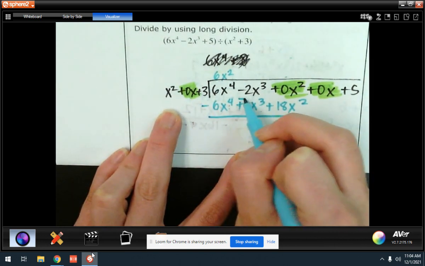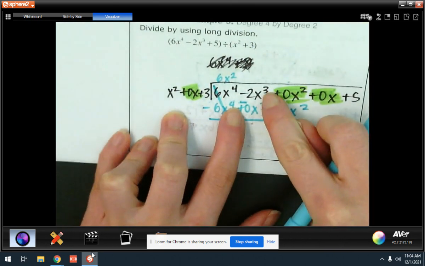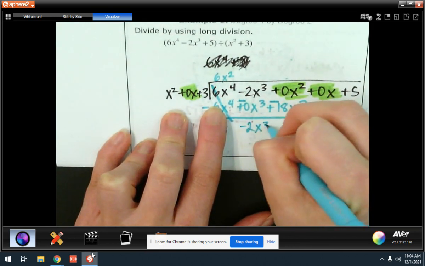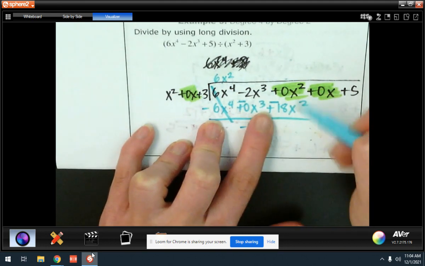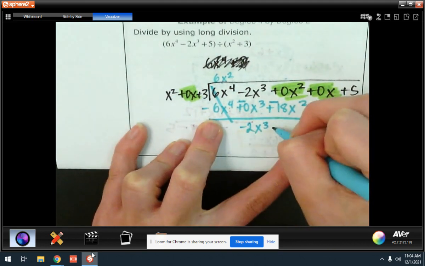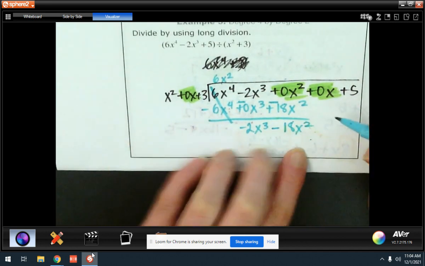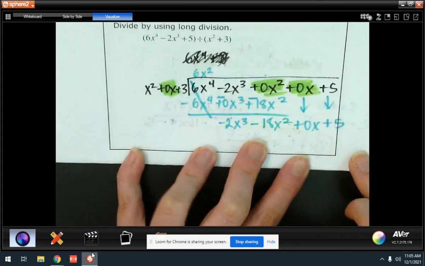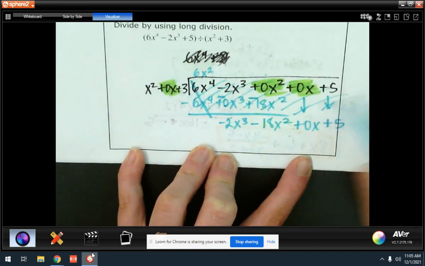Change all these to negative. Negative 2 minus 0 gives you negative 2x cubed. 0 minus 18, minus 18x squared. And then just bring down the last 2. Once you bring those down, you get to ignore everything above the line.